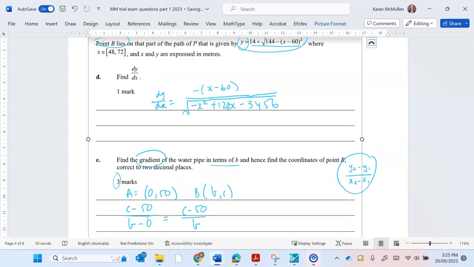So we're going to have 14, they haven't given me much space, plus the square root of 144 minus (x minus 60) squared, minus 50, over B, and we can let that equal also dy/dx.